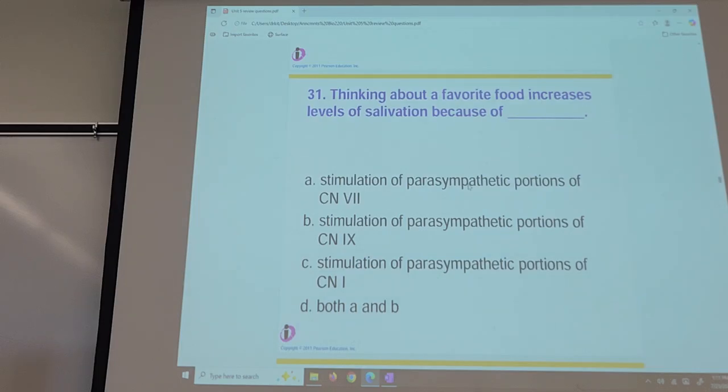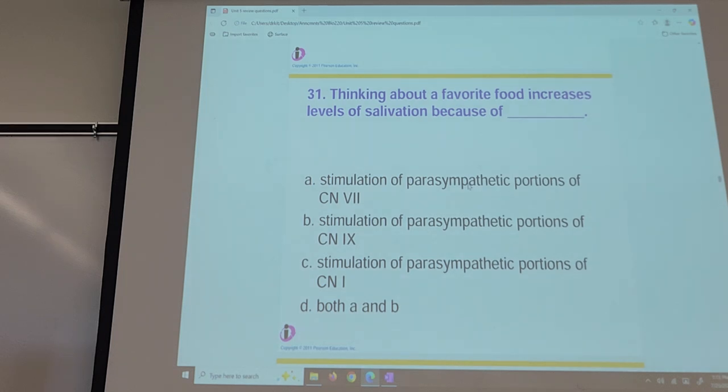I'm hearing A, B, C, D. All of them. But C, okay, so stimulation of parasympathetic CN1. What is the function of CN1? Smell. Are we talking about smell? No, we're not. Okay, so stimulation of parasympathetic portions of CN7.